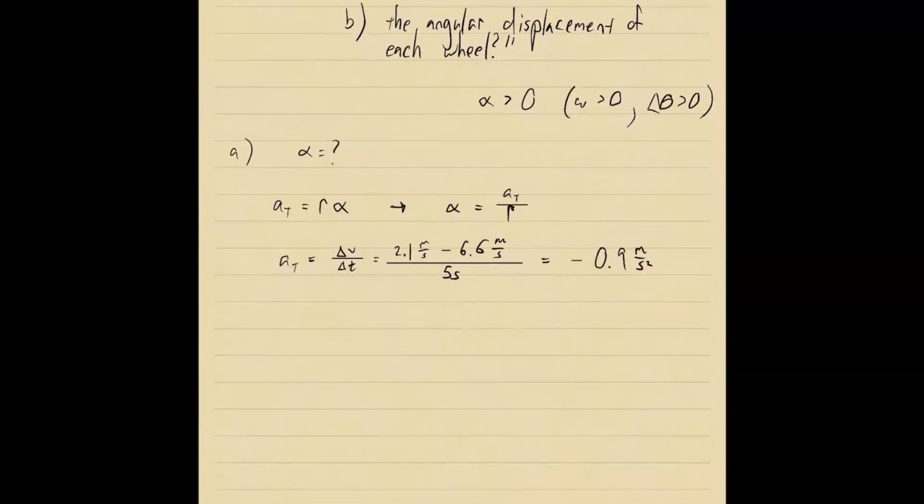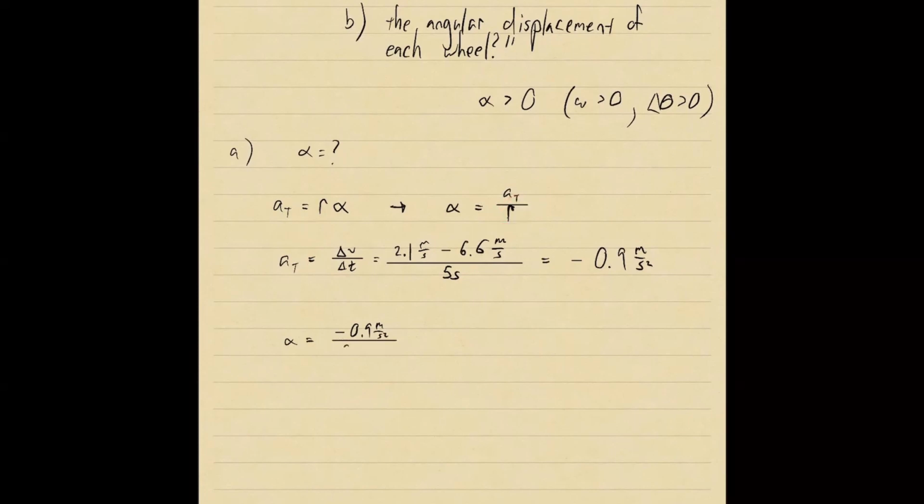Okay. So now let's take this and plug this into here to find our angular acceleration. So our angular acceleration, alpha, is equal to this tangential acceleration that we just found, right? The acceleration going forwards. So it's going to be minus 0.9 meters per second squared divided by the radius of our tires.